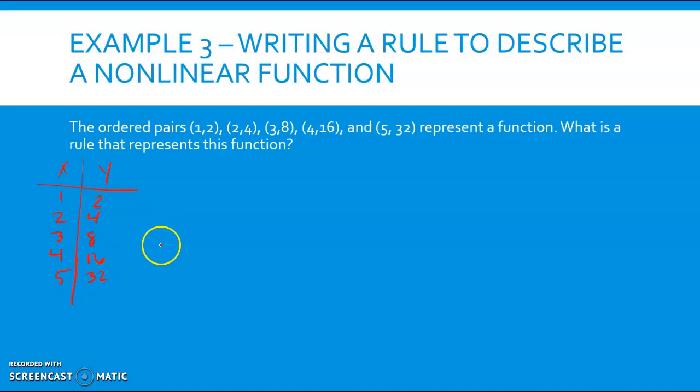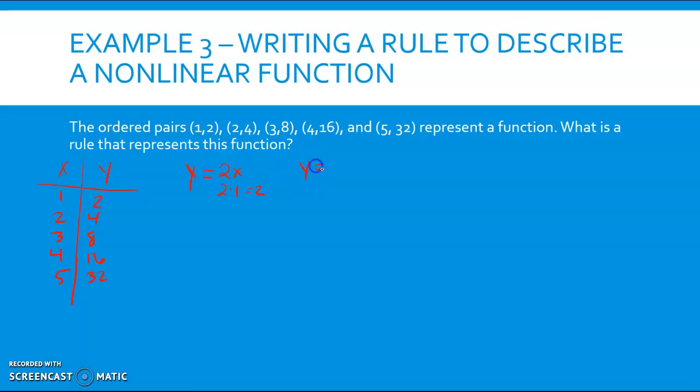Now, what we're trying to do is write the equation. Rule just means equation that relates x to y. So I know that to get 1 to get to 2, there are multiple ways I could do this. I could say that y equals 2 times x, because that's 2 times 1, which equals 2.